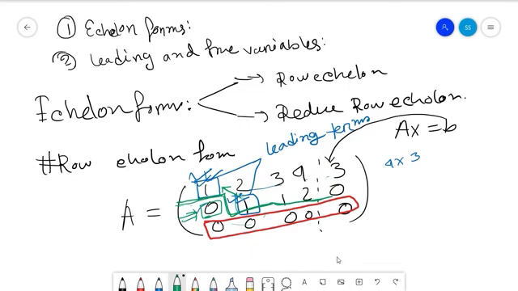And now we would like to talk about reduced row echelon form. That is, we are reducing the row echelon form again. To make a matrix a reduced row echelon form, in short we are calling it RREF, we apply another condition.